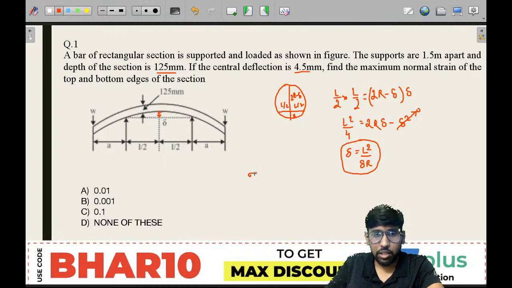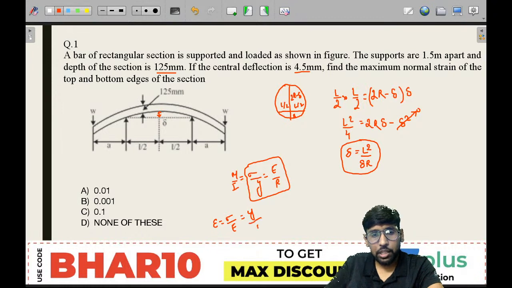So we can use the bending equation, M by I is equal to sigma by y is equal to E by R. Epsilon is sigma by E, so epsilon is y by R. Since we are talking about the surface, that is the maximum strain, we write y max by R.